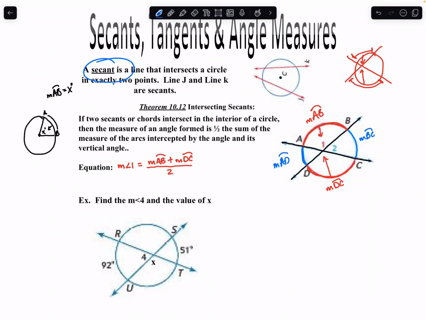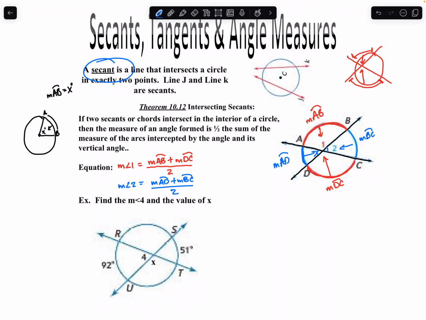When we average those, we'll get the measure on the inside. Those two angles are vertical angles, so they're always going to be congruent. So to find the measure of angle 2, I can make another equation: the measure of arc AD plus the measure of arc BC, divided by 2.